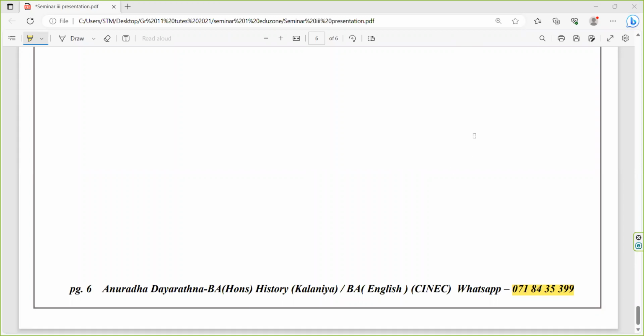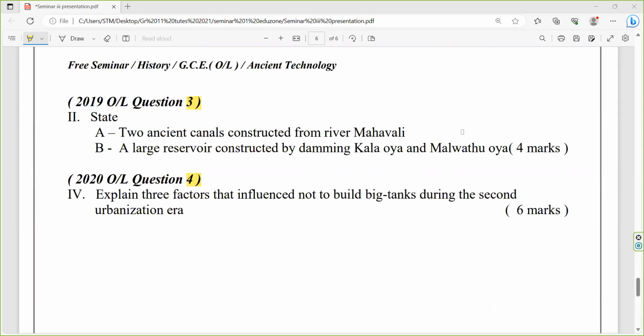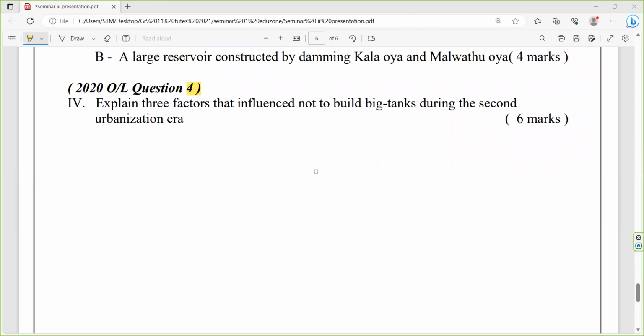One did not understand the 2020 A/L question. The same question like this, asking to explain three factors that influenced not building big tanks during the second urbanization. Second urbanization means after Polonnaruwa. Why were big tanks not constructed after Polonnaruwa? After Polonnaruwa, the kingdoms shifted to Dambadeniya, Yapahuwa, Kurunegala, Gampola and so on, all these kingdoms of the second urbanization.